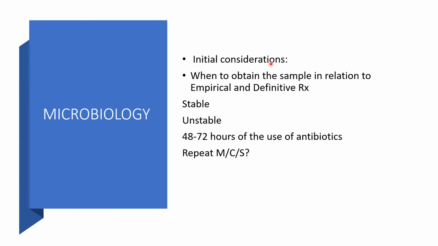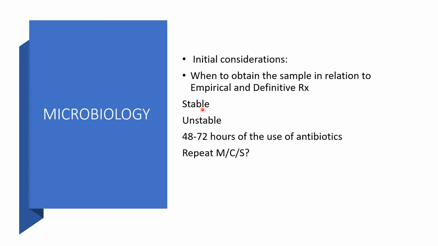The initial considerations. When can we obtain the sample? When we are likely going to embark on empirical treatment or definitive treatment. The first factor is whether the patient is stable or unstable.